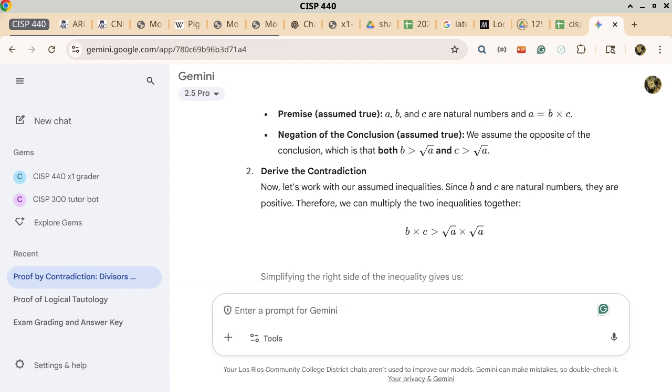Okay. All right. So are we understanding the basic idea of proof by contradiction? You're given certain things, and if what you're given is true, then we want to show that thing is also true. That's the idea of proving.